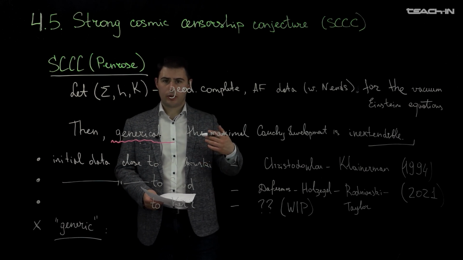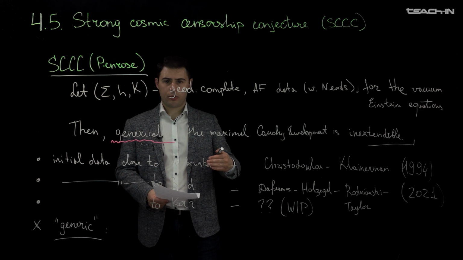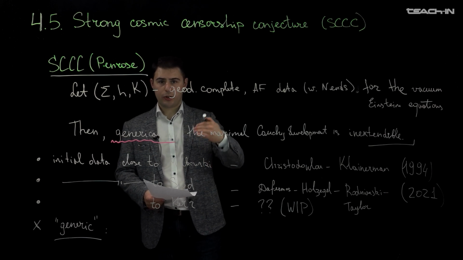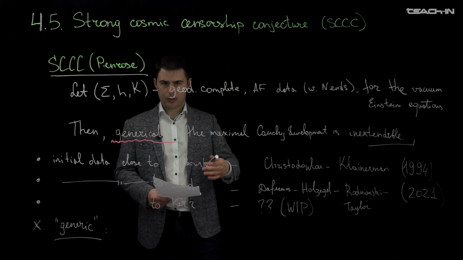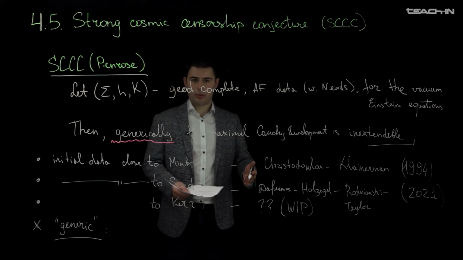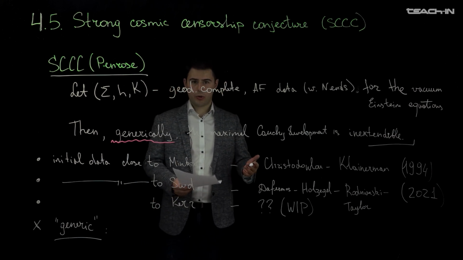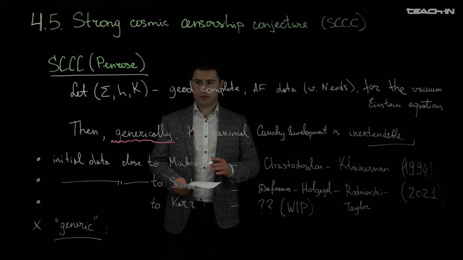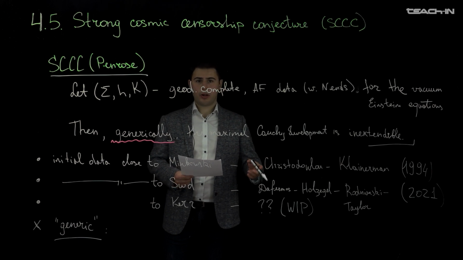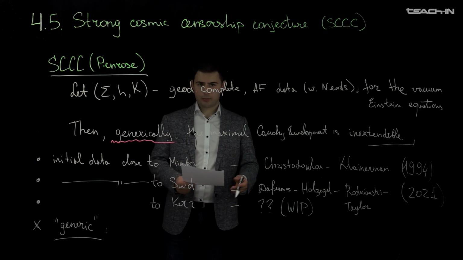So it is the boundary of the deterministic development of the exterior data. However, in both of these solutions, this feature, which breaks the predictability, is hidden in the interior of the black hole, and therefore it is a mild pathology.